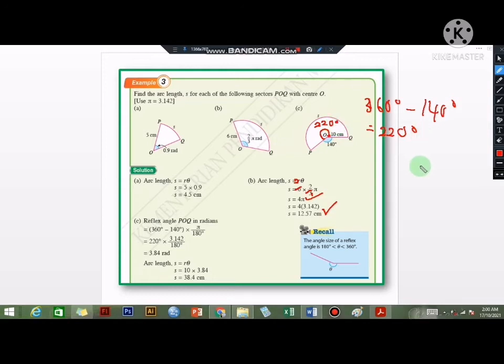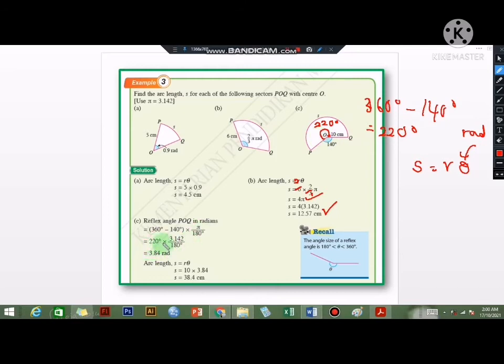Remember the formula for this chapter, S is equal to r theta. Theta must be in unit radian. So what should you do? You need to change the angle of 220 degree into radian. So how? This one is 220 degree. We have already found this angle.